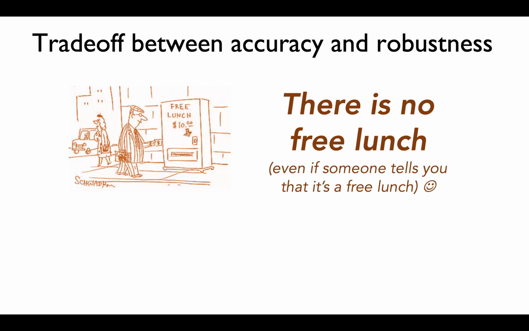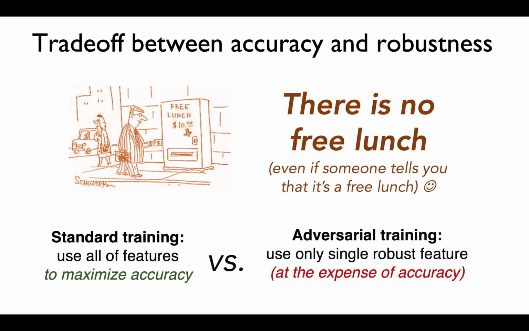For example, if you want to have a robust ML model, there may be a price that you need to pay. There are some results showing that if you use adversarial training, you do not make use of all of the features, you only make use of robust features. This sometimes gives you the advantage of robustness, but at the cost of accuracy.